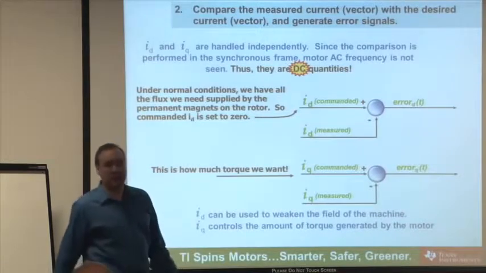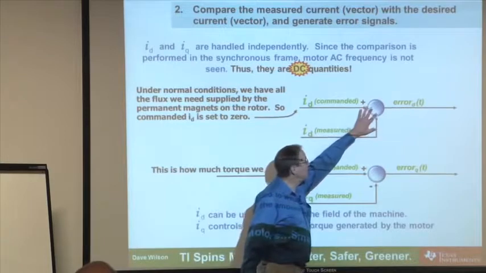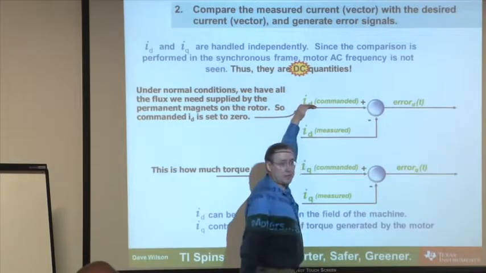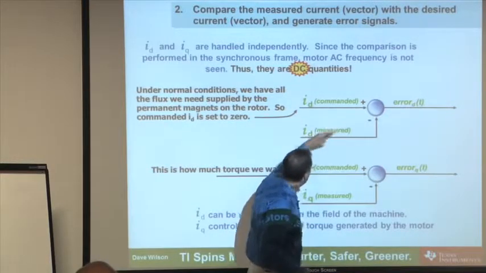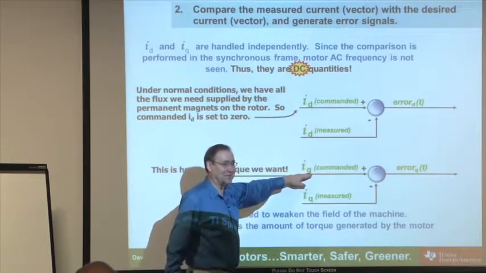So now that we've reflected those values up onto the rotating reference frame, this is where I do the start of my regulator. What is the commanded value for my d-axis current? 0. So I need to regulate my d-axis value to 0. What is the commanded value for my q-axis current?